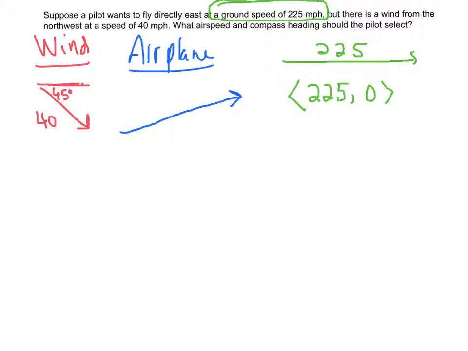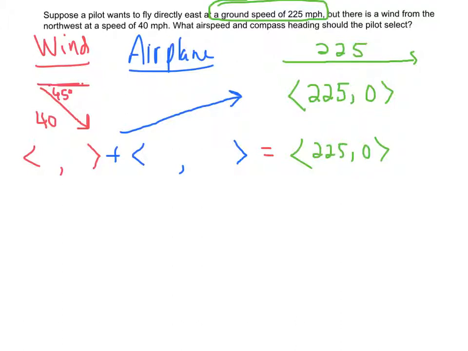So what we need to do is figure out what are the x and y components of this airplane vector, and the way we're going to do that is by solving this equation with our wind vector plus the airplane vector is going to equal this resultant vector. So we're going to basically have to work backward on this one.